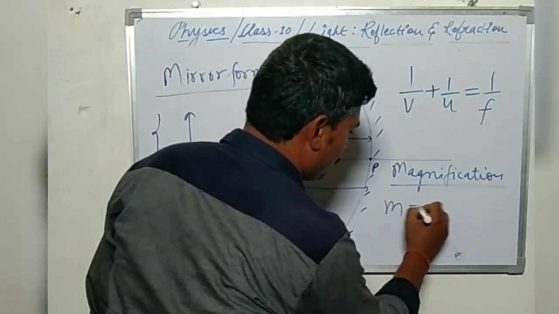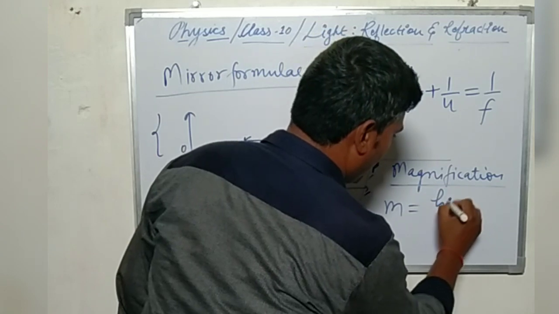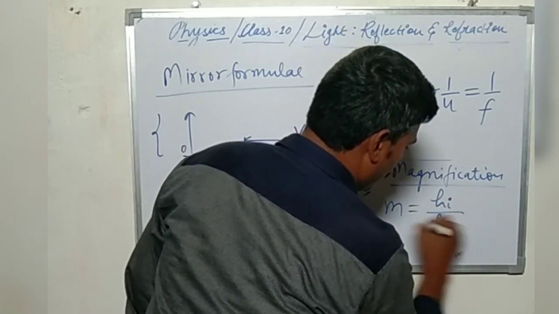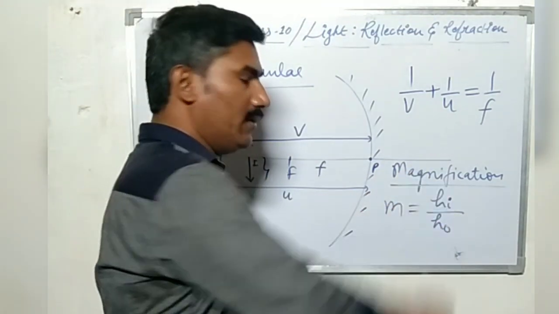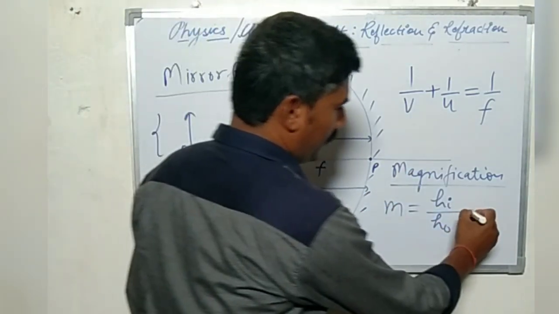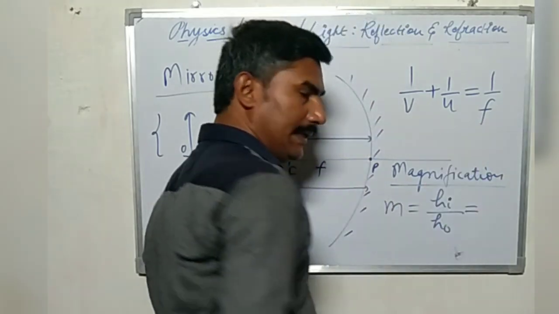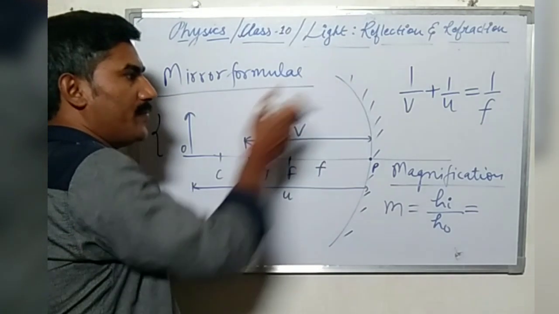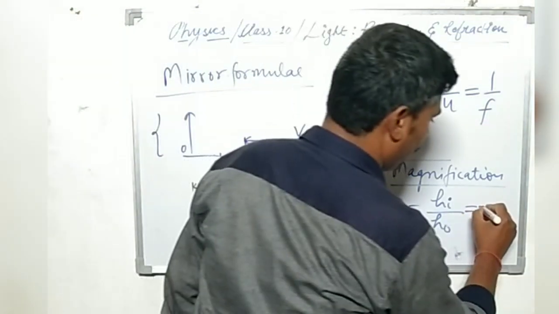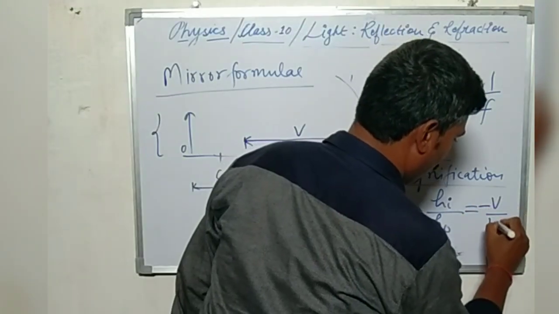So magnification is basically the height of the image upon the height of the object, that is the ratio of the height of the image to the object, or in terms of the distance of the image from the pole and the object from the pole, it will be minus v upon u.